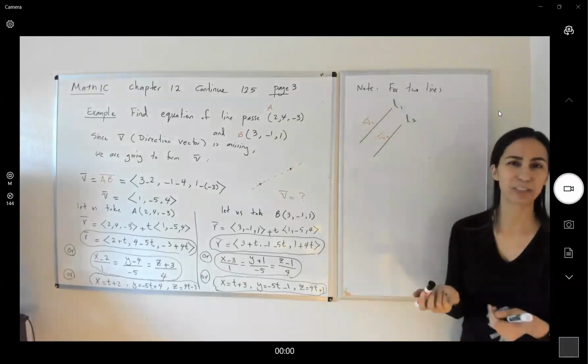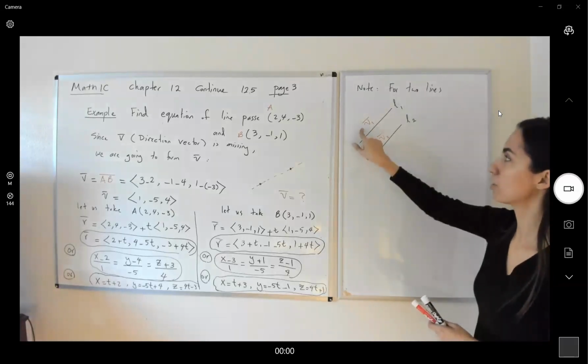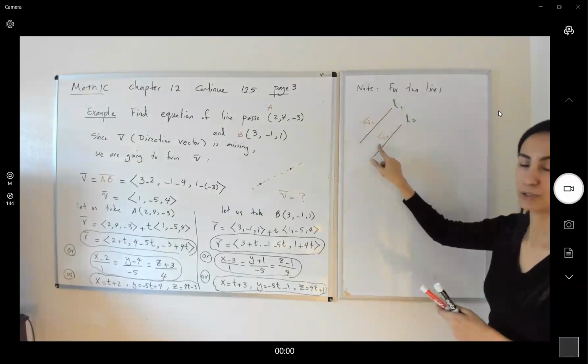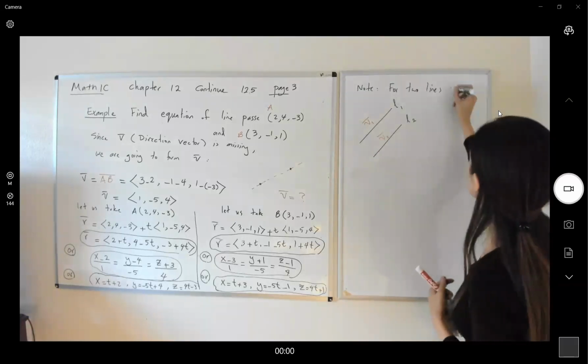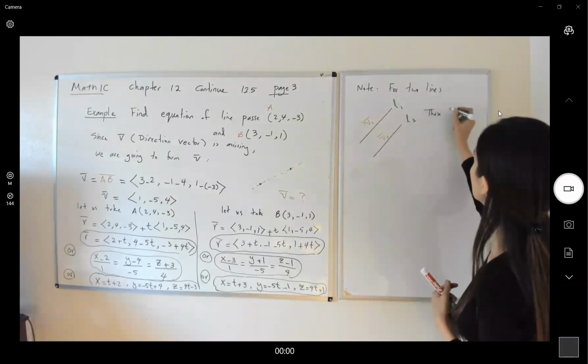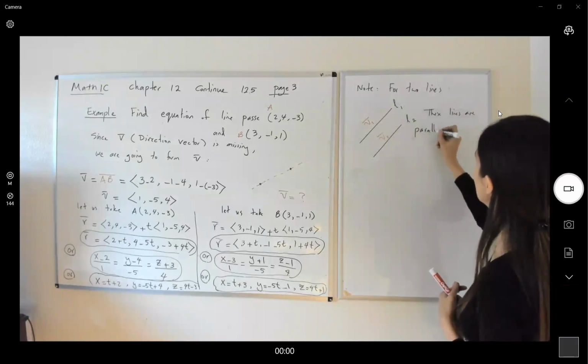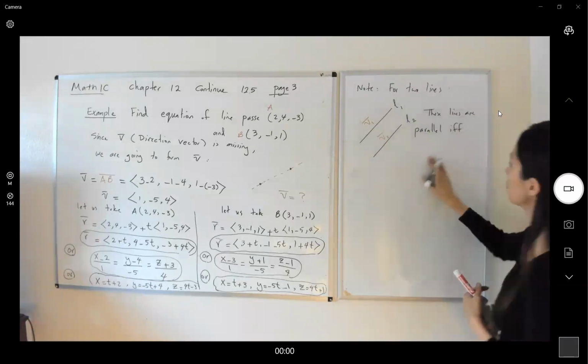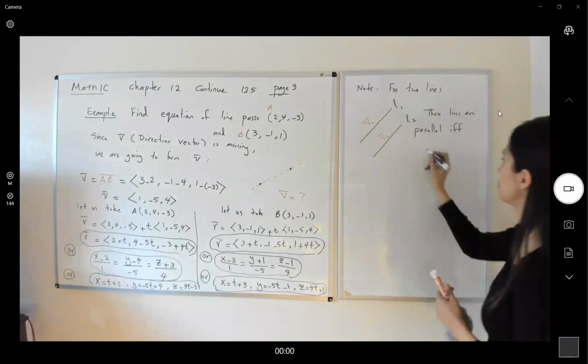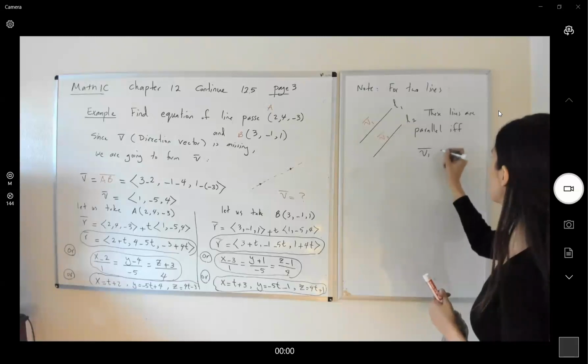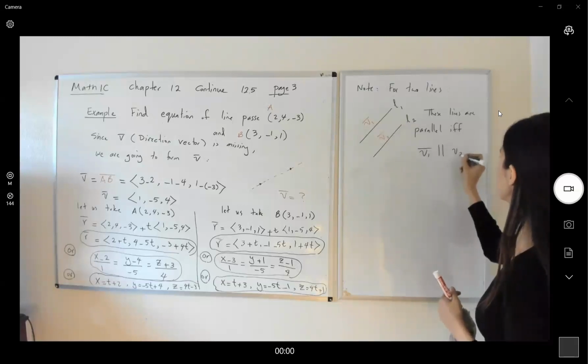We say that two lines are parallel to each other if V1 is parallel to V2. So these lines are parallel if and only if V1 is parallel to V2.